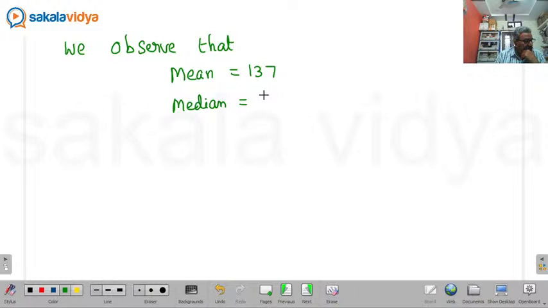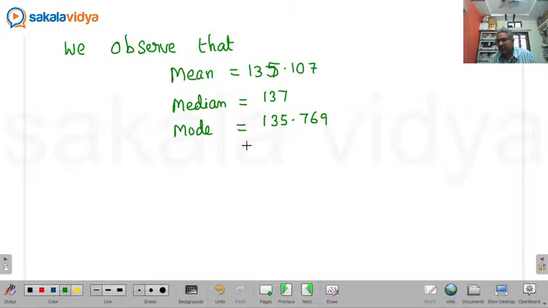Okay, 1 minute. Mean equals how much? Mean equals 135.107 something. Median is equal to 137. Mode equals 135.769.